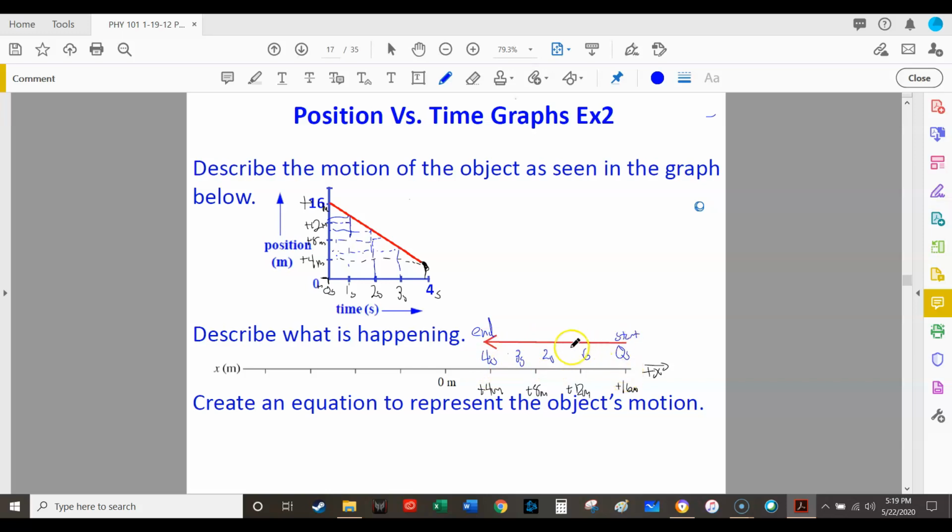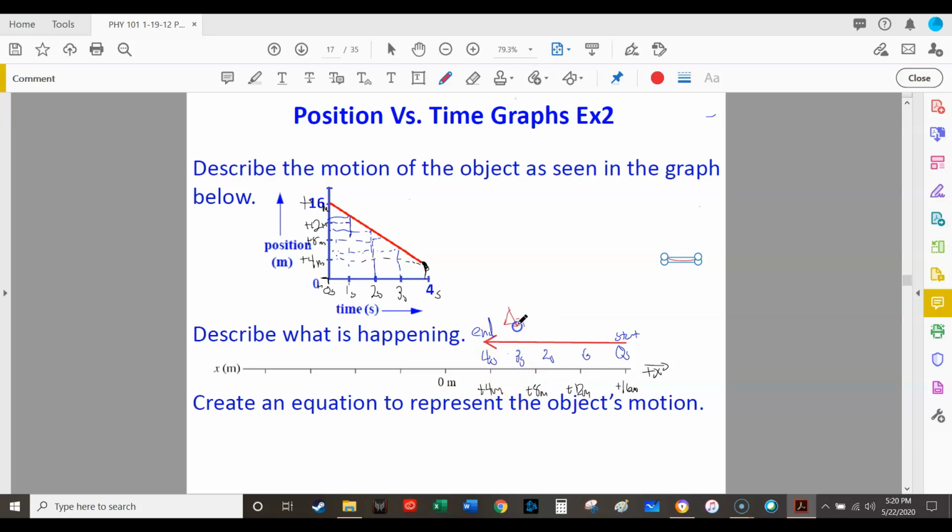So the length of that arrow looks like it's going to be 16 meters minus 4 meters, right? So the displacement of this arrow, and I'll use red to be consistent with the arrow, looks like a length of 12.